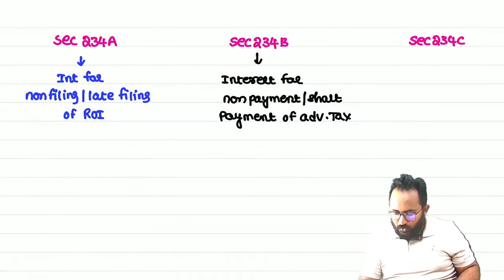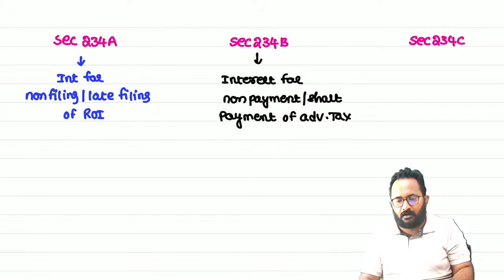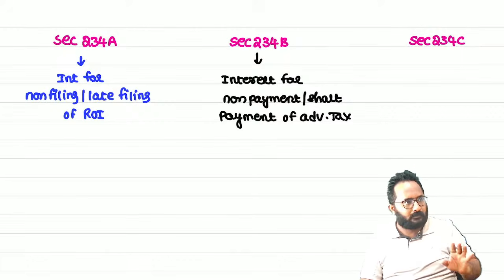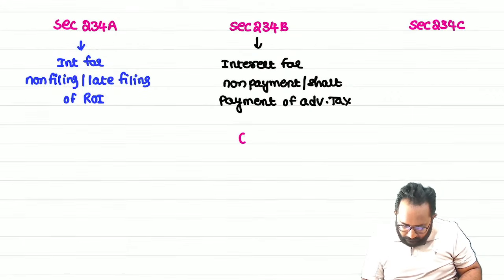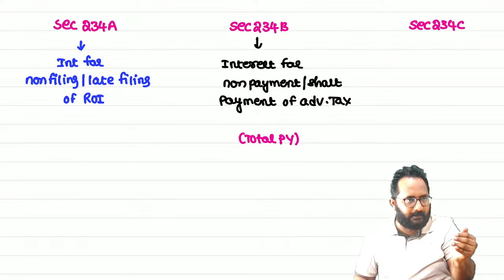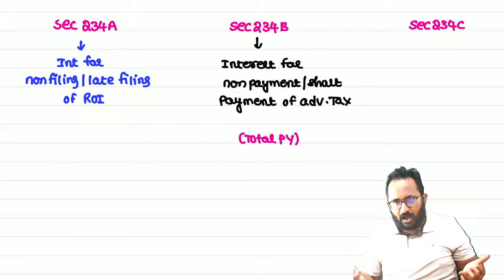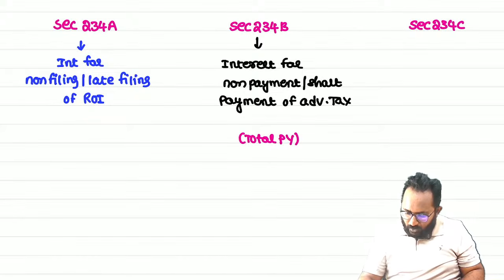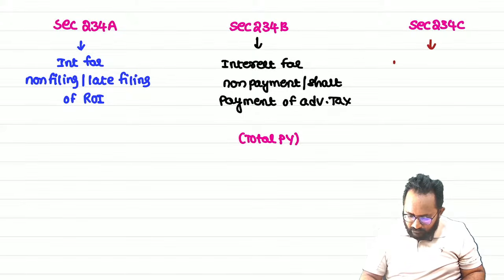During the total previous year, we have to pay advance tax in how many installments? 4. Yes. Over the total previous year, we have to check whether we paid shortly or sufficiently. Not at all paid means we have to calculate interest.